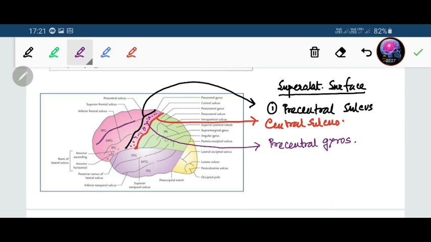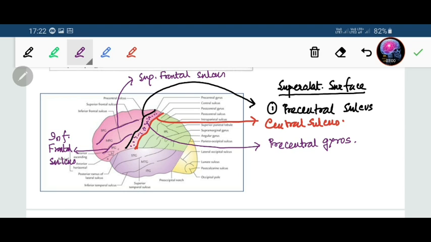This is the superior frontal sulcus. This is the inferior frontal sulcus.